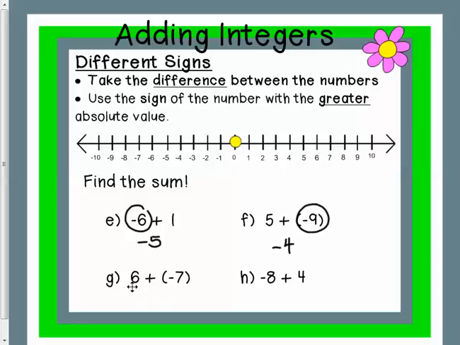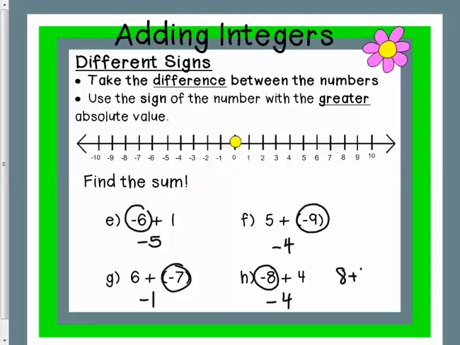Okay, so you should have paused the video, and at this point, we've got negative 7 and 6, so we're subtracting 6 take away from 7, and we get 1. This 7 is the bigger absolute value, so it's a negative 1. Negative 8 plus 4. 8 take away 4 is 4, and the greater absolute value is negative 8, so it's a negative 4.